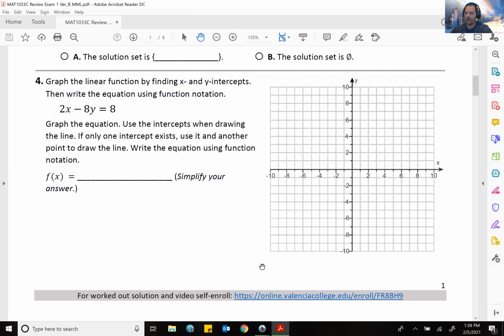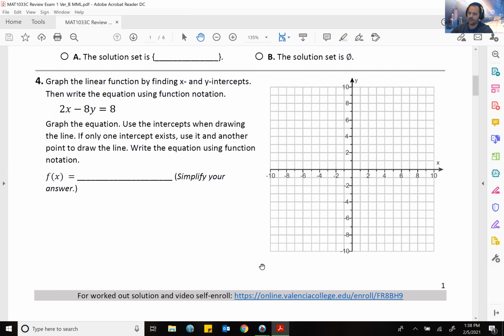So let me draw a quick graph, and I don't need a very big one. Give me just a moment.